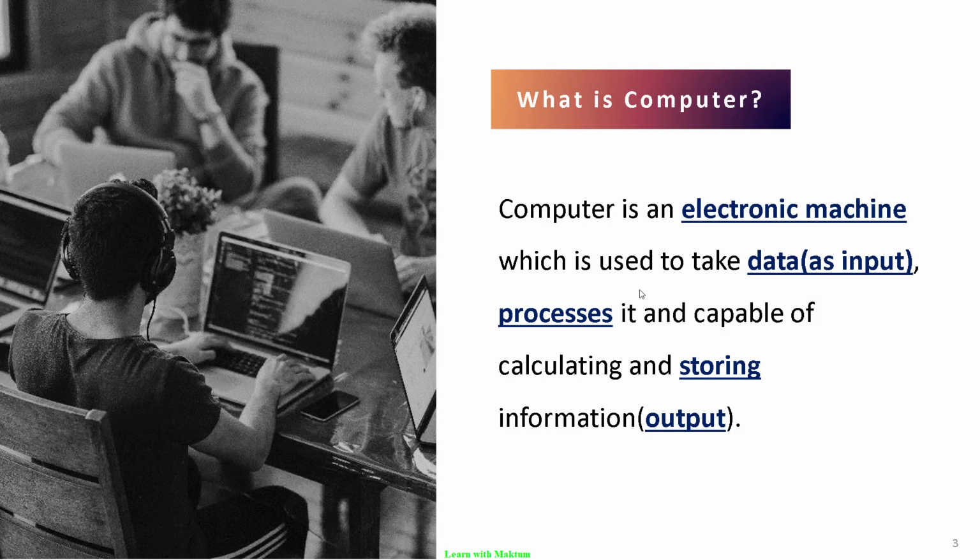Yes, and it will store the information. So totally, the computer is an electronic machine which is used to take the data, process it, and is capable of calculating and storing the information. I hope I'm clear with the definition.